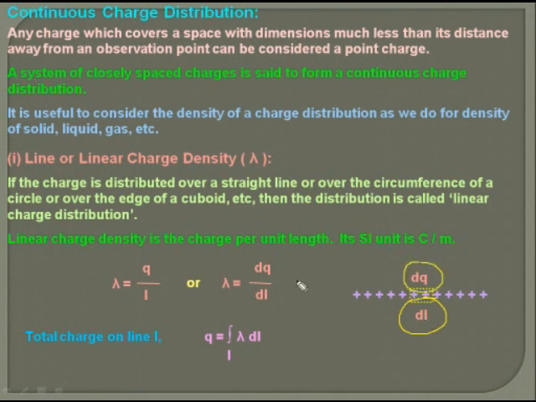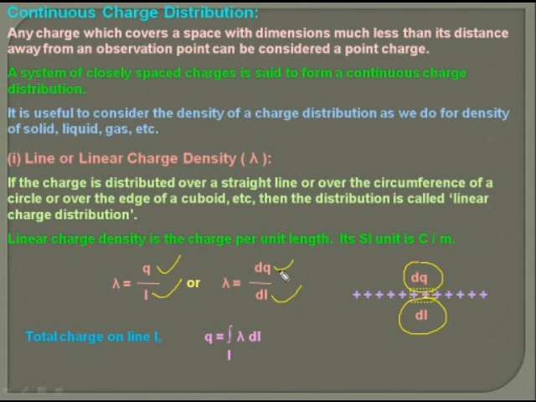Since we have already said that the charge is distributed uniformly, dq by dl will give you the same ratio as given by q by l, because the line charge density is the same, either for a small segment or for a large portion.